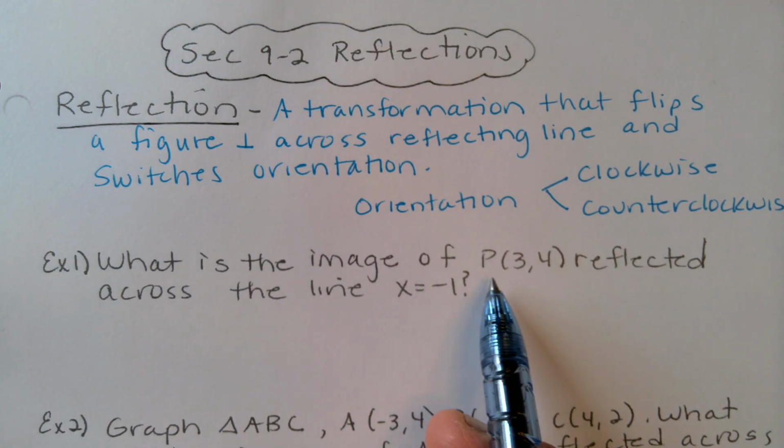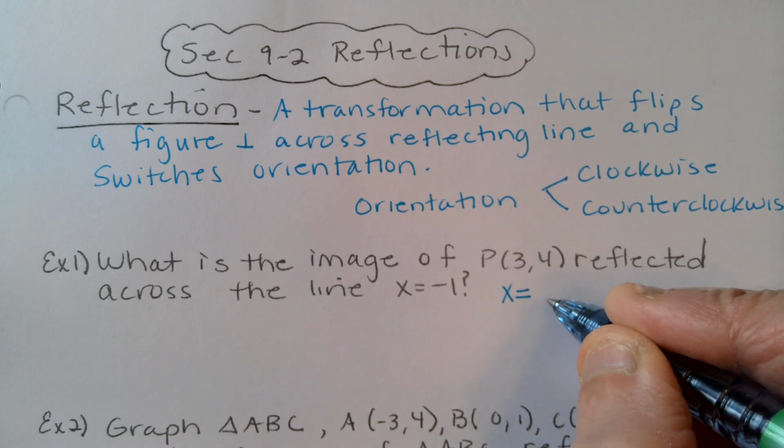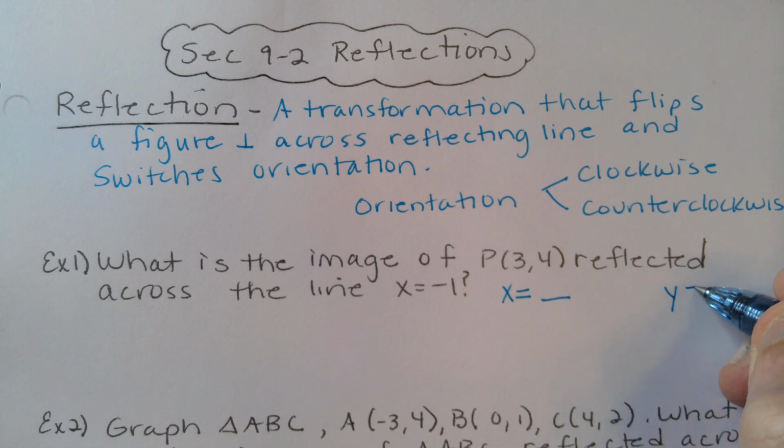So what is the image of 3, 4 reflected across x equals -1? Okay, well, you got to know what x equals something is. What kind of line is that? When you have x equals something, or you have y equals something, there's certain types of lines that we have gone over multiple times, but it's one of those things that people just find hard to remember. Do you guys remember?